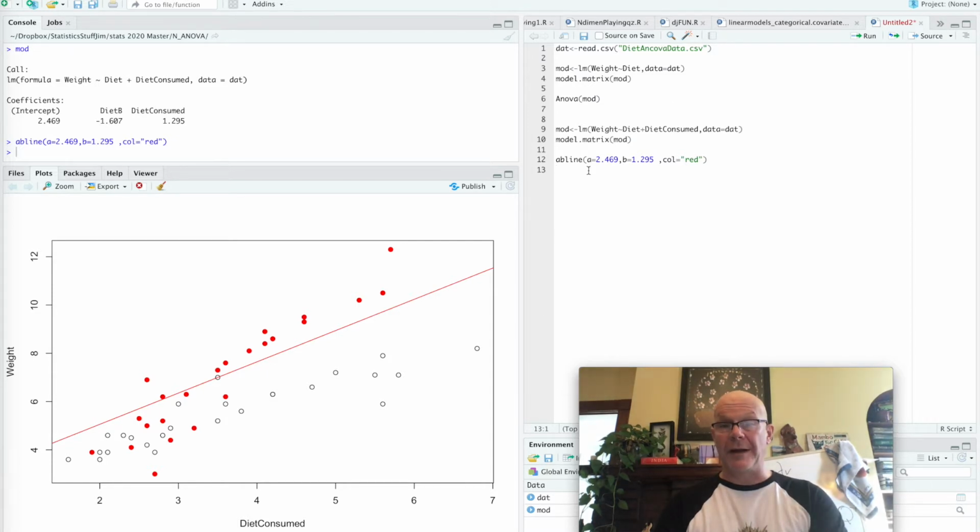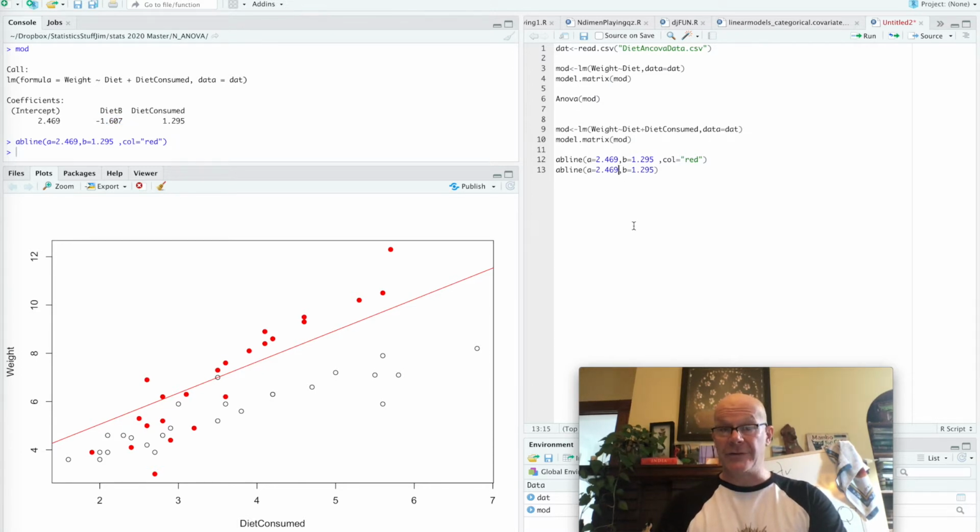And then likewise, if we wanted to draw another line for individuals that were being reared on diet B, we would start out with the same stuff. Get rid of the color here. Okay, except here now the intercept is going to change, and the intercept is going to change because when you're on diet B, you're also including that, right?